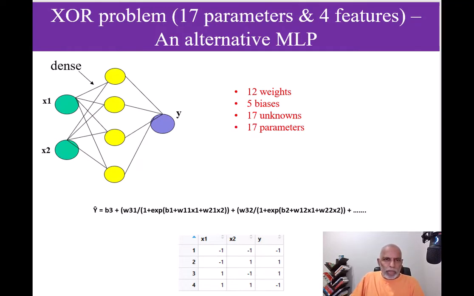So the point is, now you can use hidden layers to solve complex problems, but which hidden layers to use and how many to use is a problem to solve, because nothing is known to us in a real world problem. This is a very highly constructed problem for XOR, the exclusive OR problem.